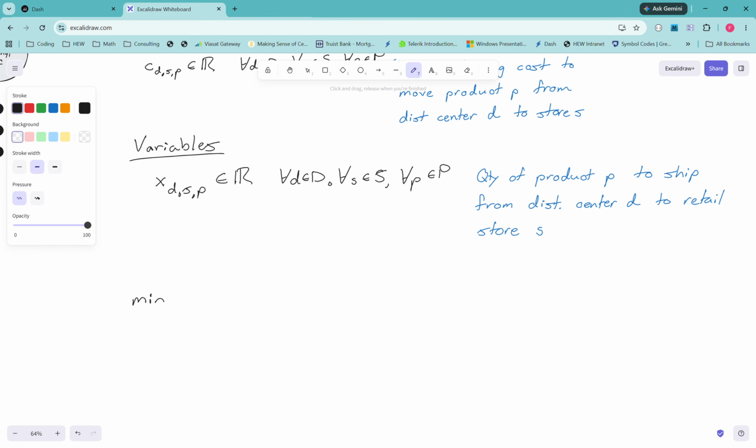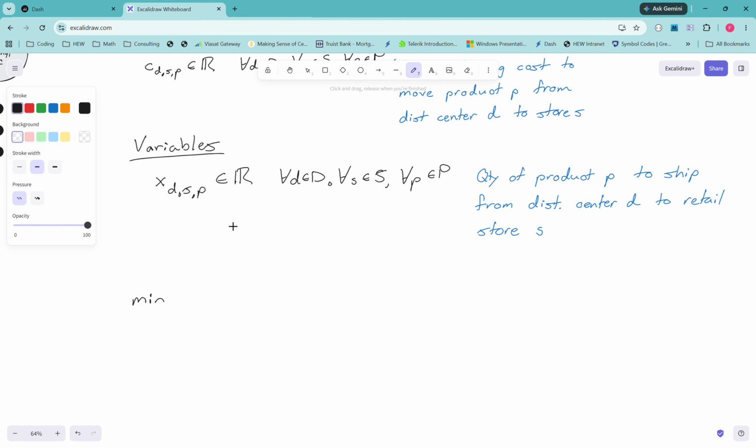Now, what is the objective function is the next question. Well, the objective function for this is going to be an expression that computes the total shipping cost of moving all the products from the distribution centers to the stores. And the way we're going to do this is through a 3-nested sum.